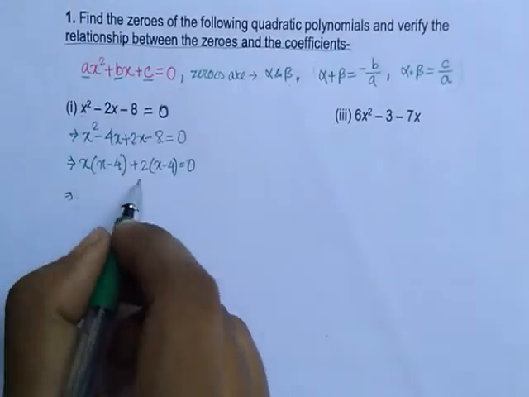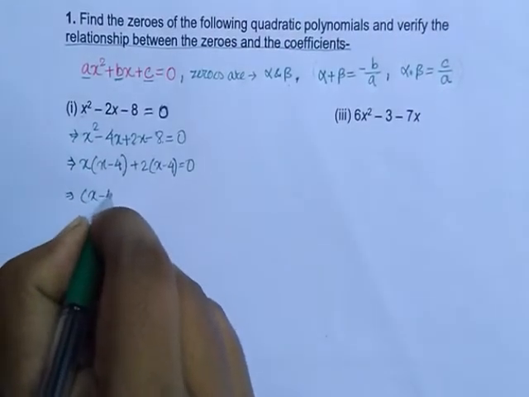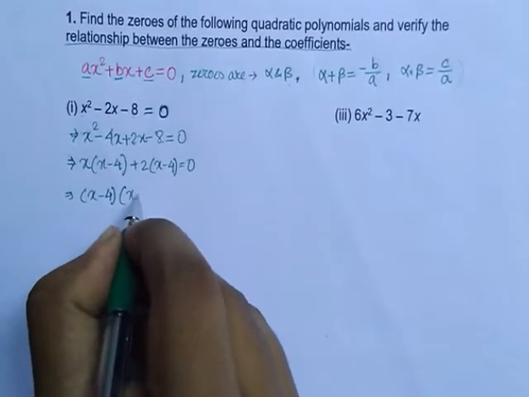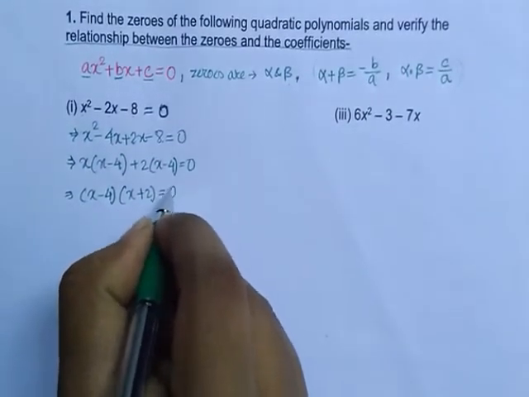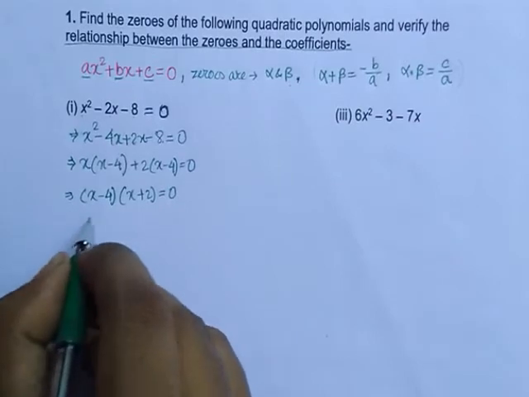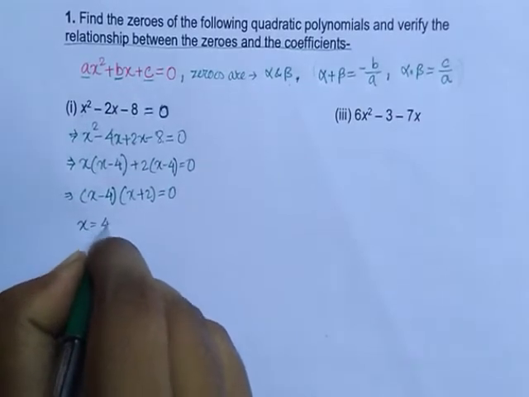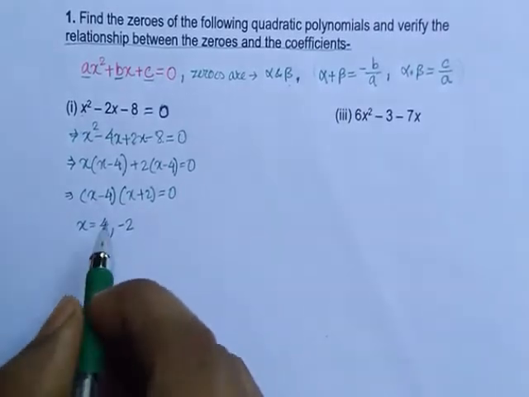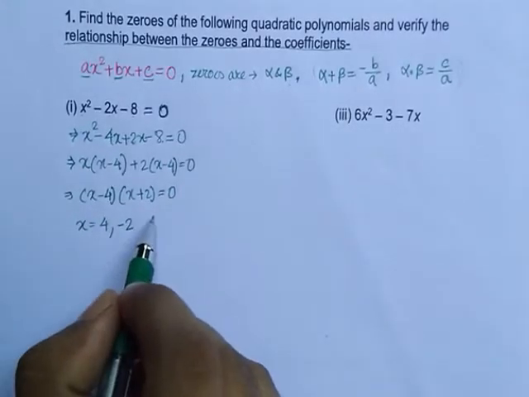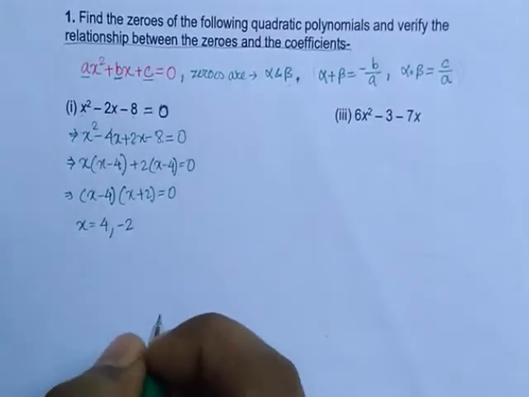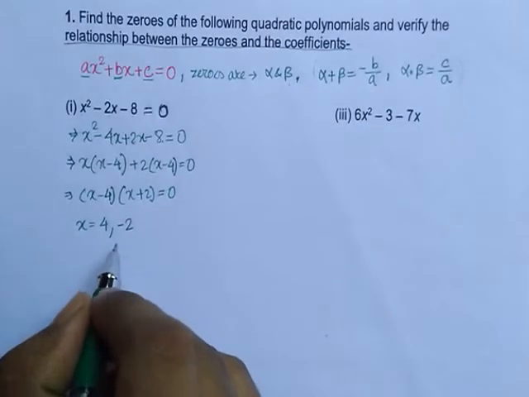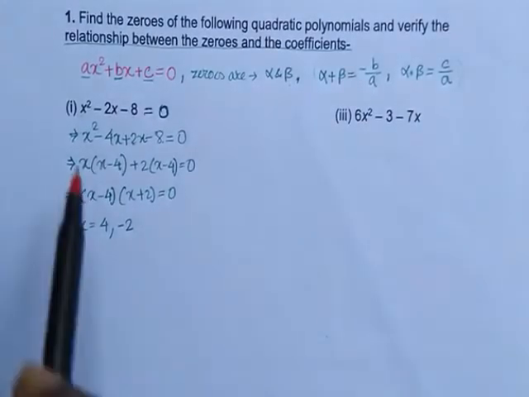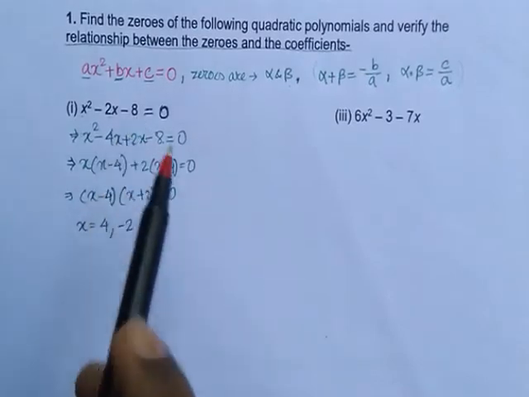Now taking the bracket terms common, x minus 4 into x plus 2 is equal to 0. Now solving this, we get x equal to 4 and x equal to minus 2. I hope you know how to solve this to get these two values. Now these are the zeros of the polynomial x square minus 2x minus 8.